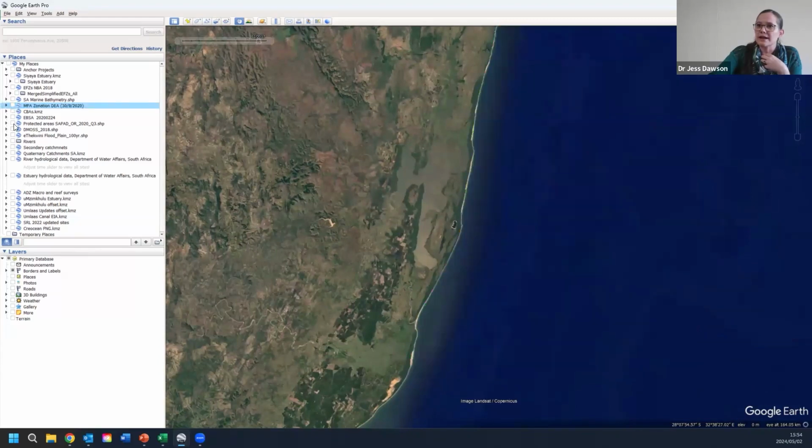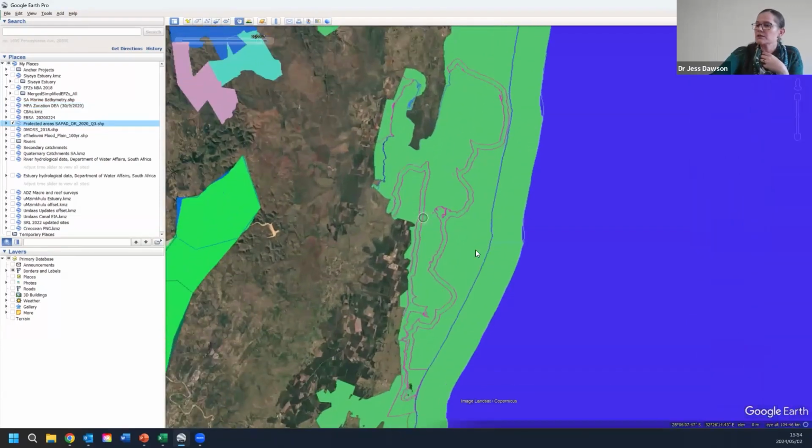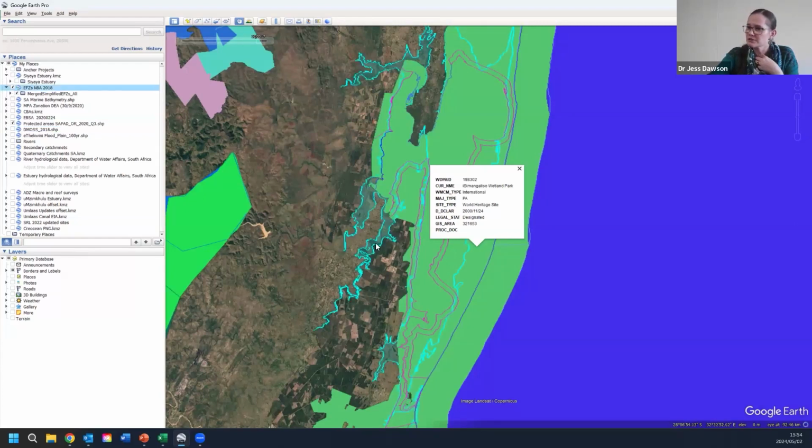If we look at the land-based protected areas, much of the estuary is within a protected area. This is Isimangalisu Wetland Park, which, if we turn our functional zone back on, just about includes most of the functional zone. So quite a nice area there that's protected.